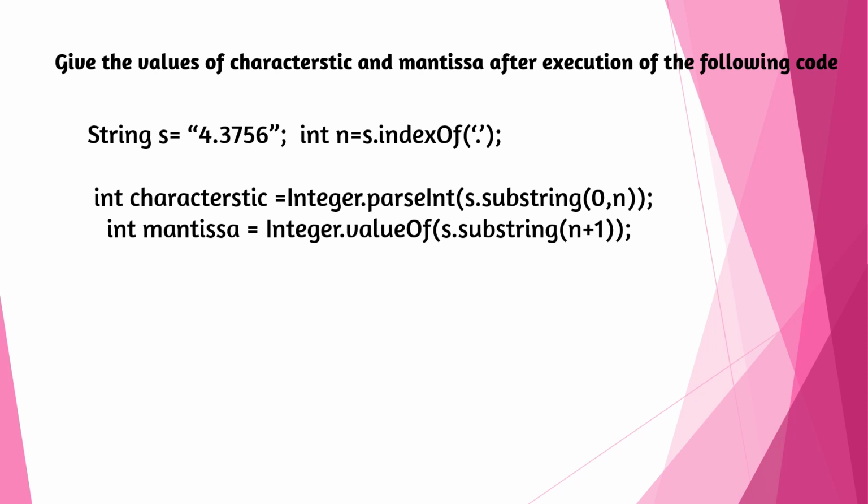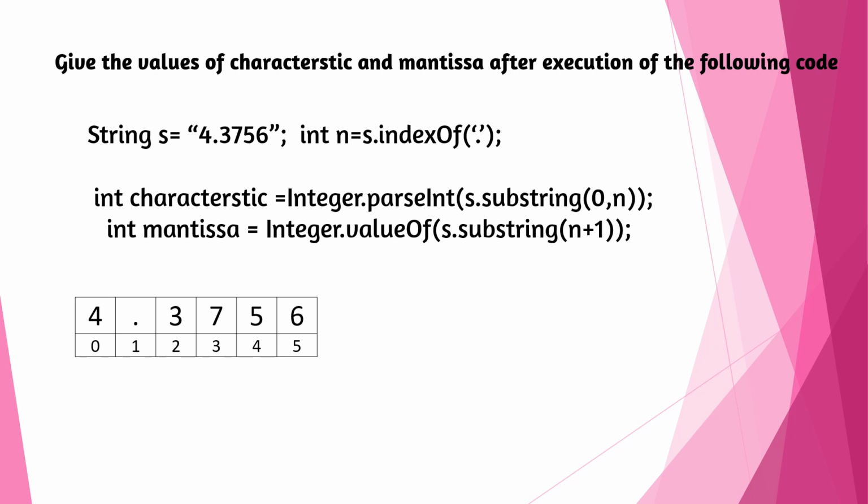So parseInt and valueOf convert the string, if it is a number, to integer numbers. Now let's see the position. Starting from 4 at position 0, the position of the full stop is 1. That means n will be 1.